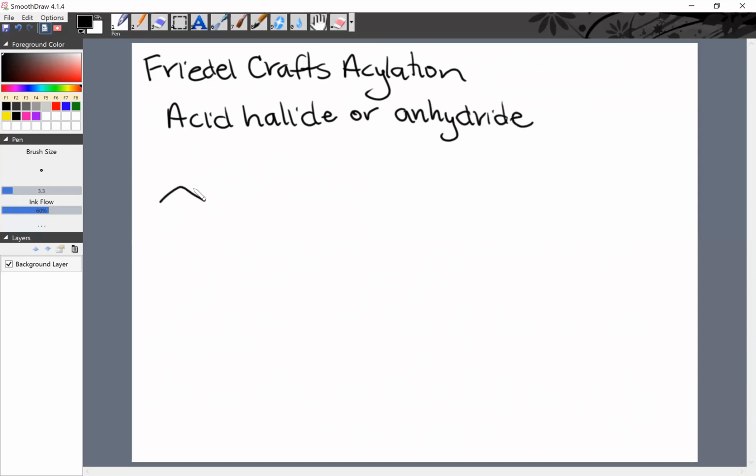All right, so an acid halide, we haven't really used this functional group other than memorizing it a long time ago, but that's an acid halide. And this one, an anhydride, has an oxygen in between two carbonyls. They both have great leaving groups. That's the power behind acid halides and anhydrides.